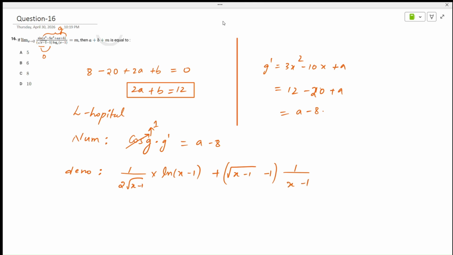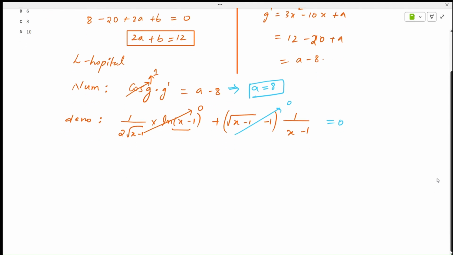Now if we substitute 2 here, we'll get 0 here. Then here we'll get 0 once again. So the whole value becomes 0. Since the denominator is 0, that means the numerator is also equal to 0, from which we can conclude a equals 8. Now since both numerator and denominator are 0, once again we'll differentiate numerator and denominator.